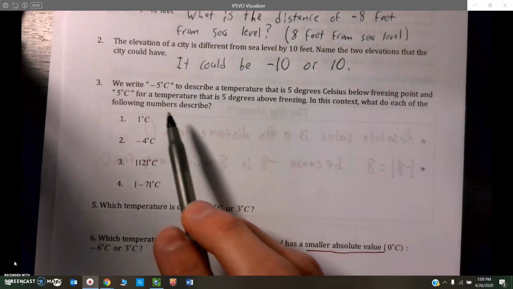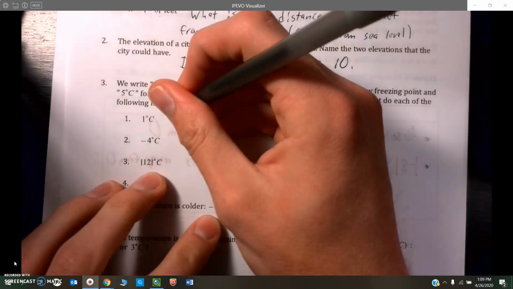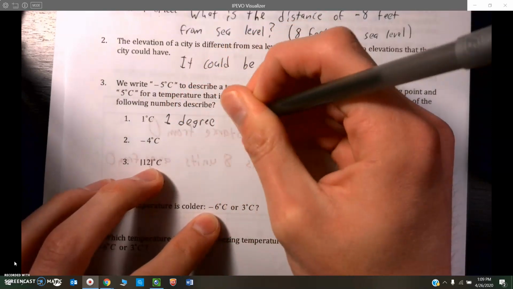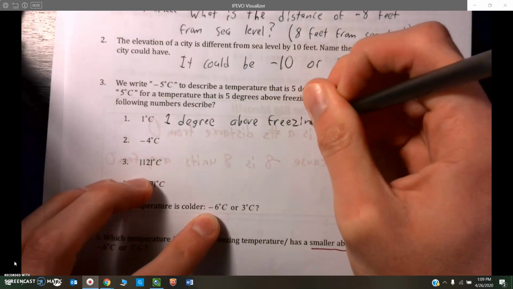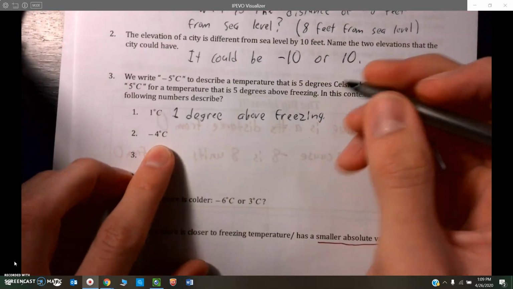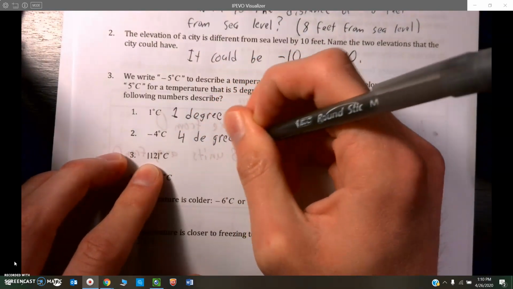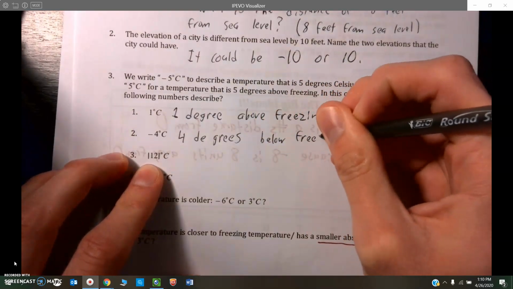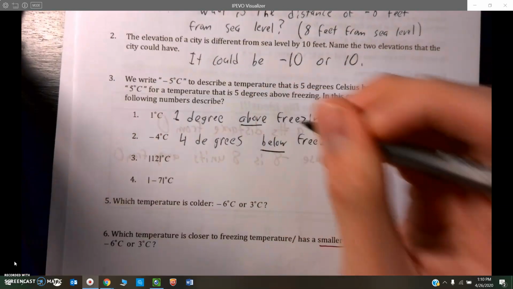In this context, what do each of the following numbers describe? 1 degree Celsius literally means 1 degree above freezing. -4, it's negative, so that is 4 degrees below freezing.